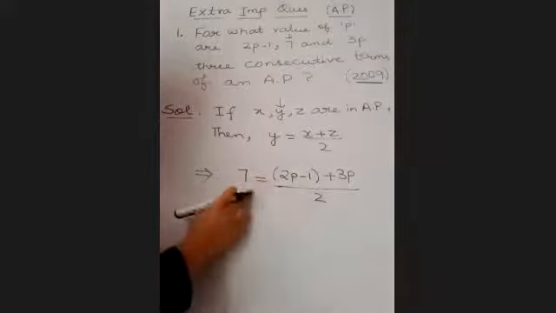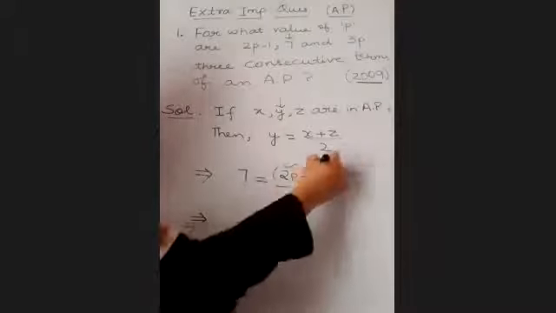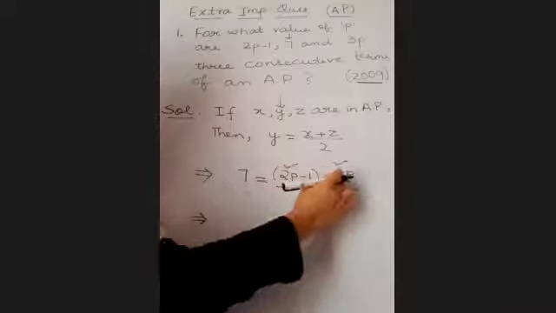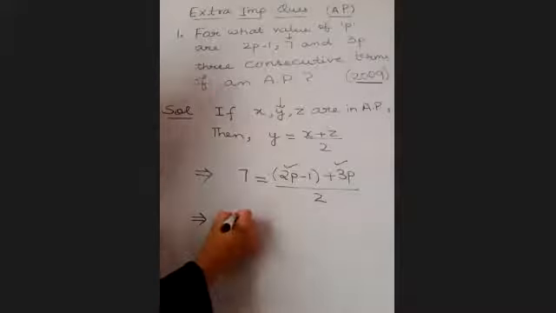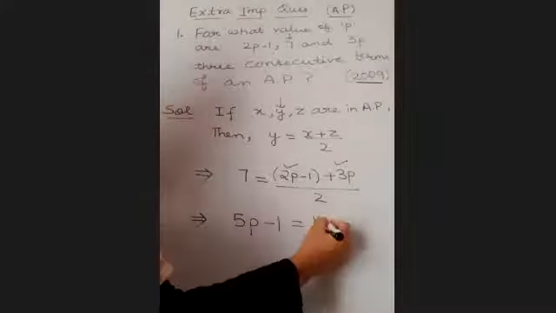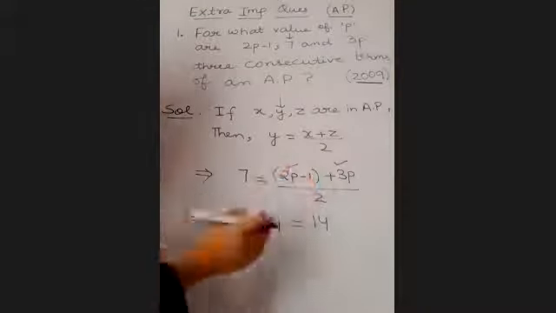Now cross multiply. 2P plus 3P makes it 5P. I just want to bring my variable on the left hand side, so I have interchanged the sides.